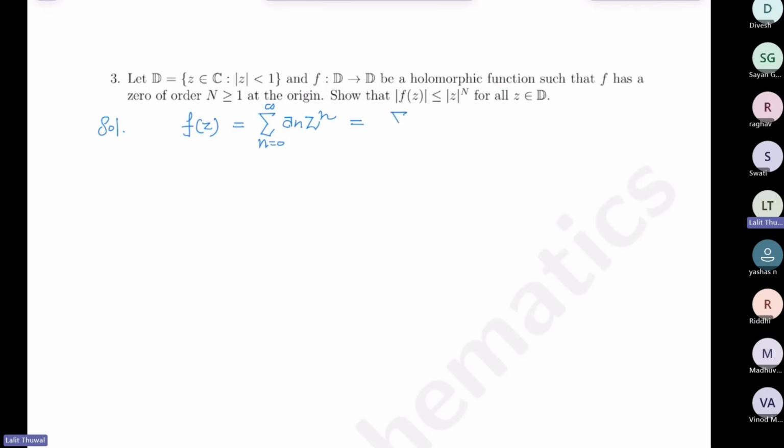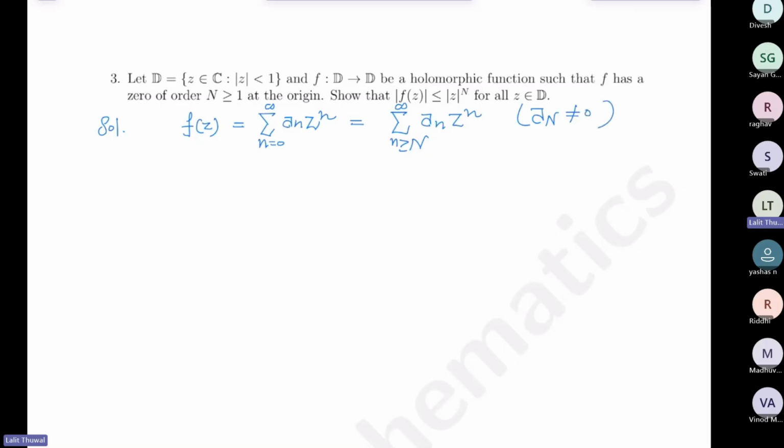But this comes out to be the sum from n to infinity. Why this? Do you know? Because this a_n is not equal to 0.